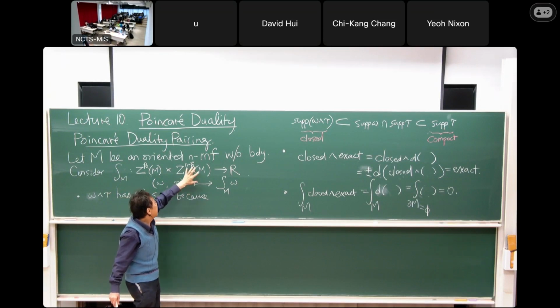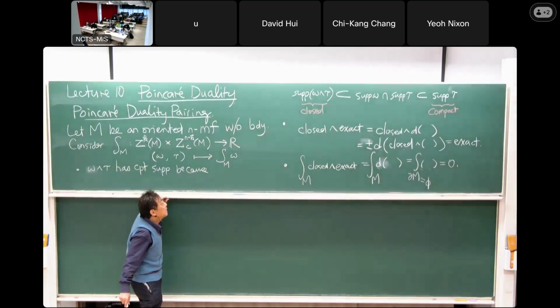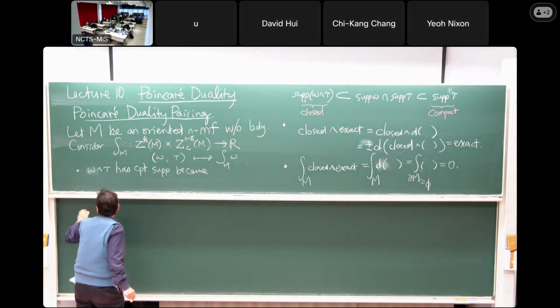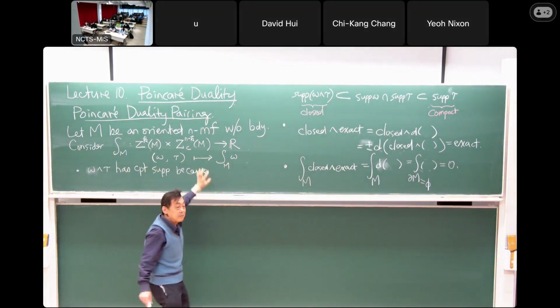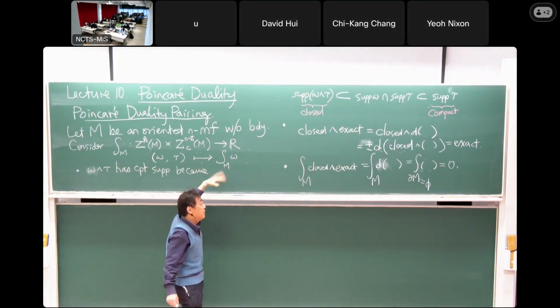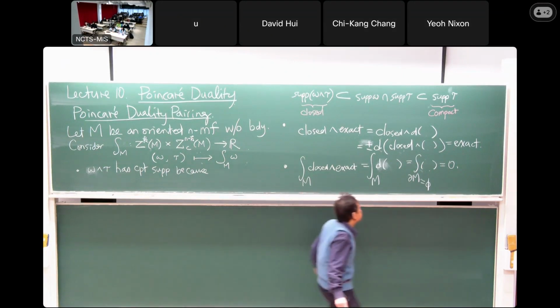Because the exact forms will give you 0. Therefore, you will induce a map on the quotient of closed over exact, and that's the cohomology.